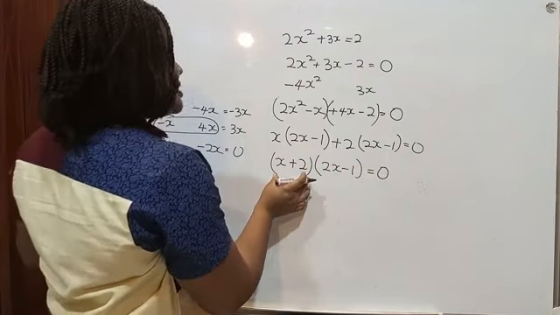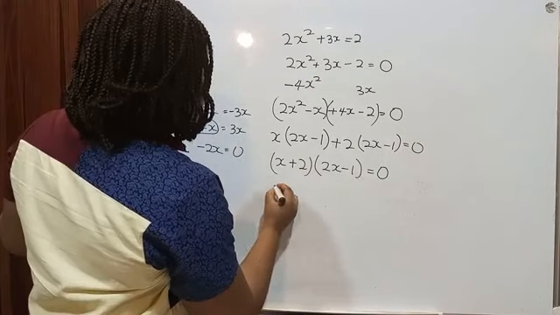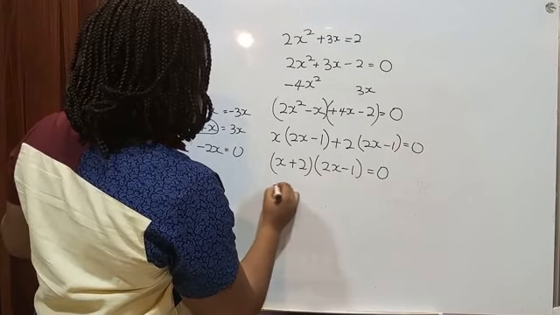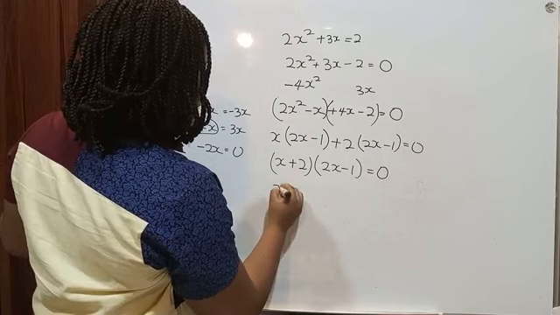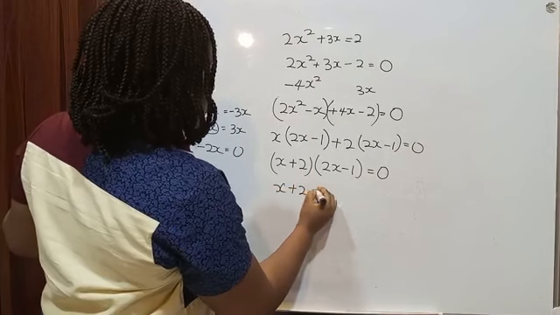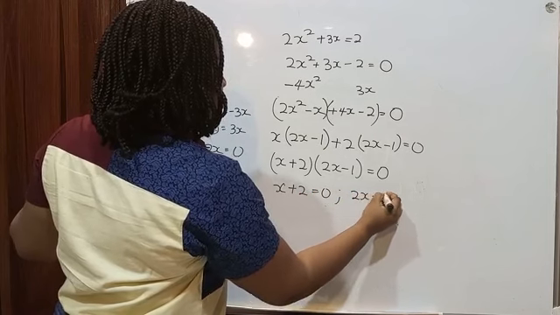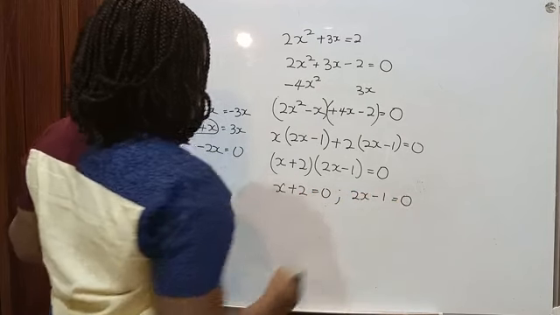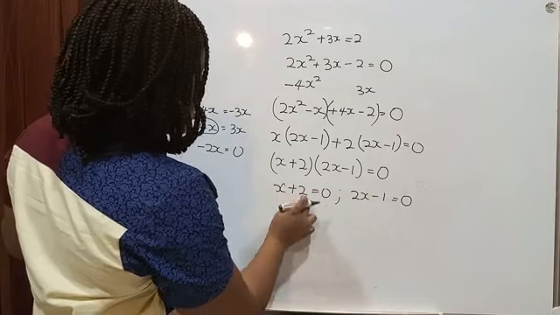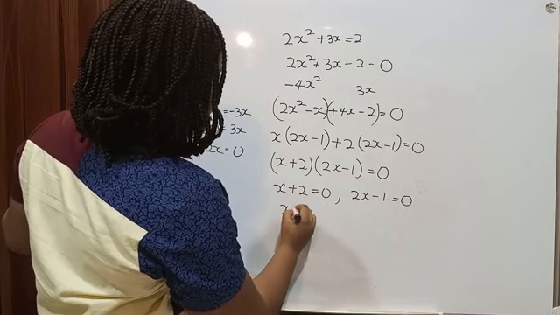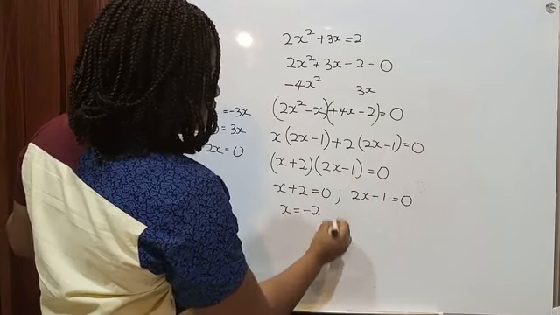So it means either this equals 0 or this equals 0. So you have x plus 2 equals 0 or 2x minus 1 equals 0. x plus 2 equals 0 means x equals minus 2.